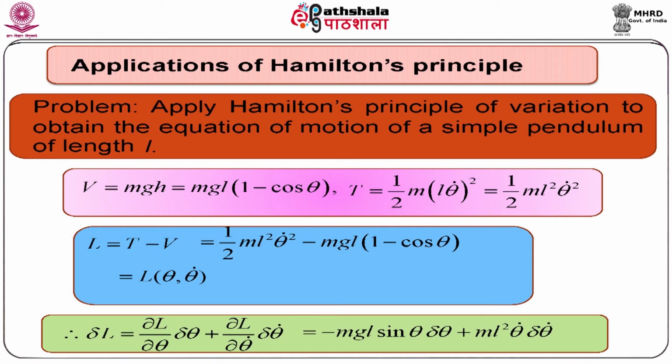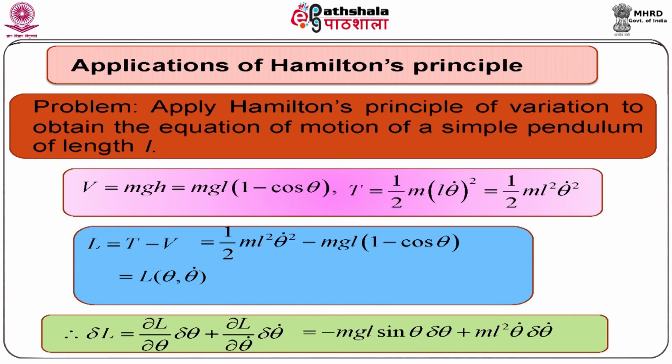Then the potential energy is V = mgh, where g is the acceleration due to gravity. Therefore, V = mgL(1 − cos θ).